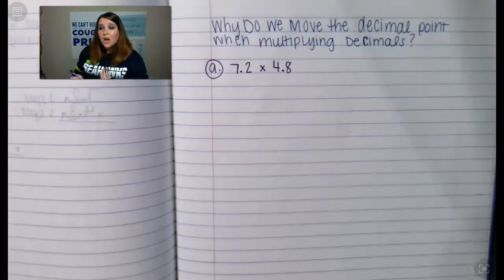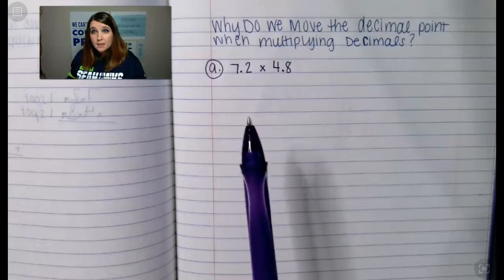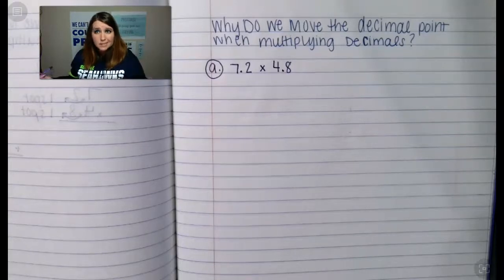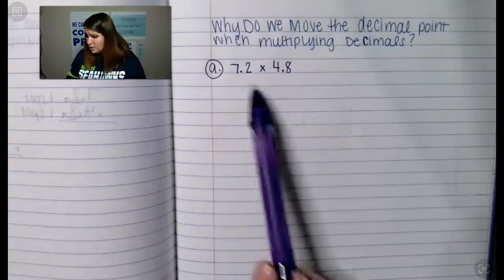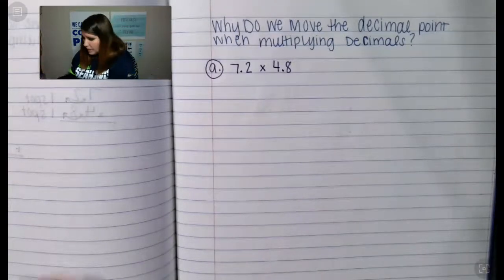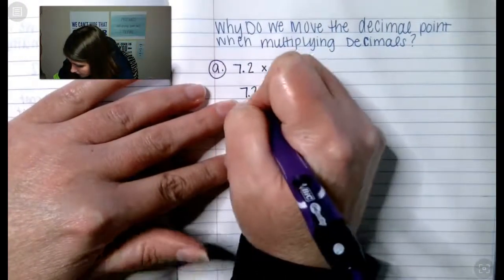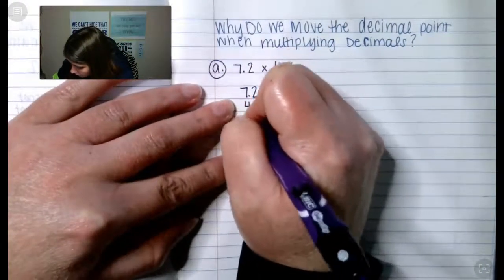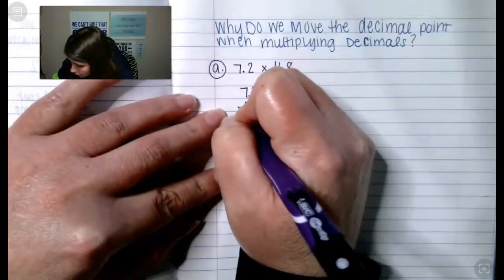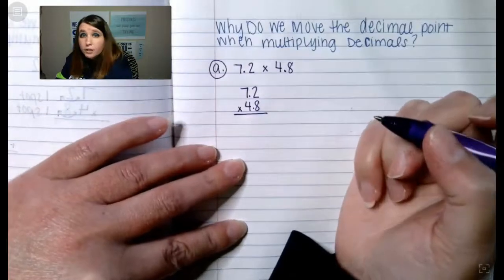Just kidding. Okay, so we're going to first look at these two problems, and we're going to write them as a stack because it's too weird to write it and try to multiply like this. So let's stack it up. I'm going to put 7 2/10 on top of 4 8/10. Again, you can write your tenths however you want.